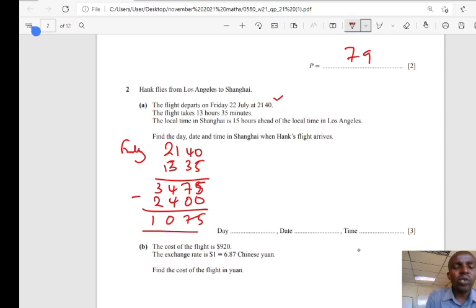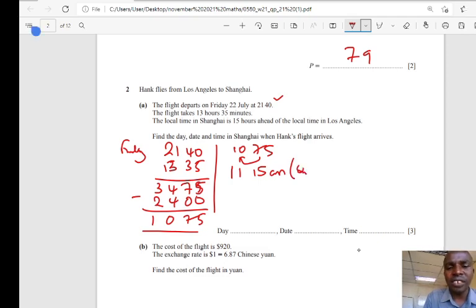So it was 10 hours 75 minutes after midnight. Writing it will be 10:75. 75 minutes, there's 1 hour and 15 minutes. You have to add the hour to 10. So it will be 11:15. And this one will be AM. And this day will be a Saturday.